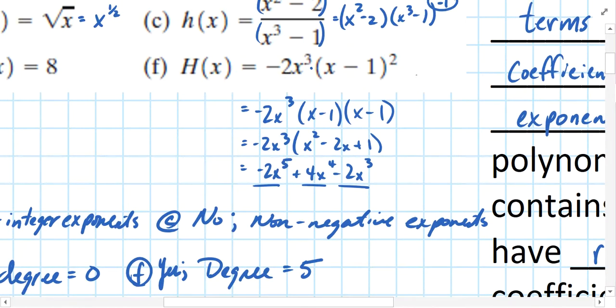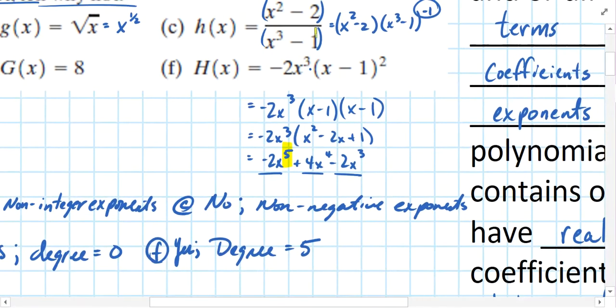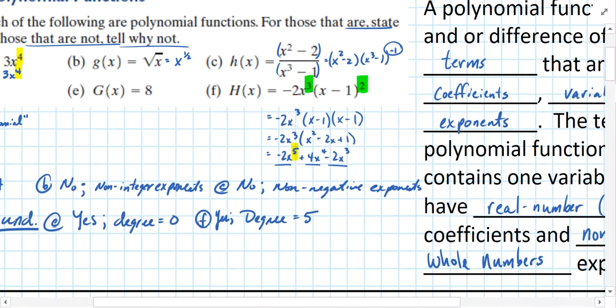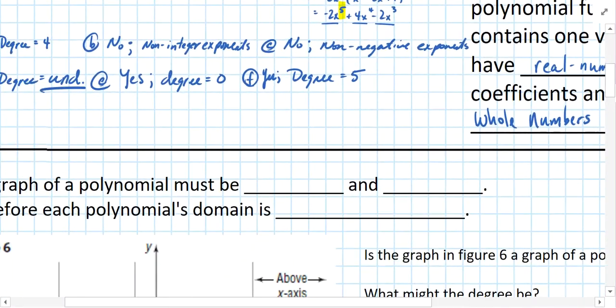And now we can clearly see that the degree of this polynomial, the largest exponent, is actually 5, not just 3. Now what's interesting and particularly helpful, as we'll see a little bit later, is that the sum of the exponents, the result of the product process, will indicate our degree. So that'll be helpful as we talk about multiplicity here moving forward.